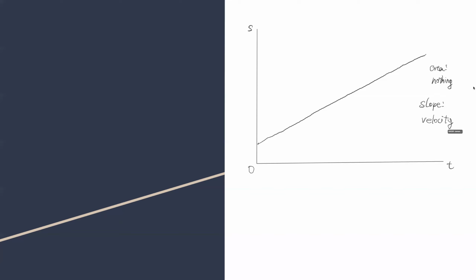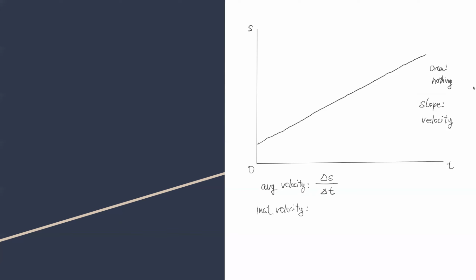The definition of average velocity is the change in the total displacement over the change in time. The instantaneous velocity means what the velocity is at that instant.